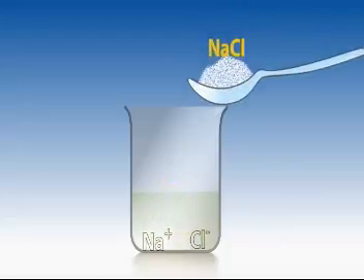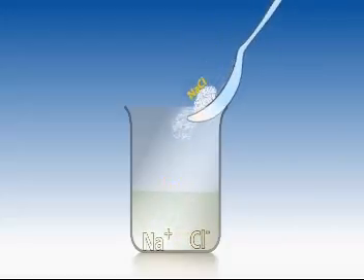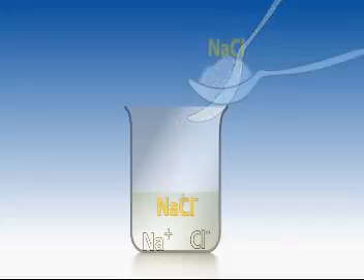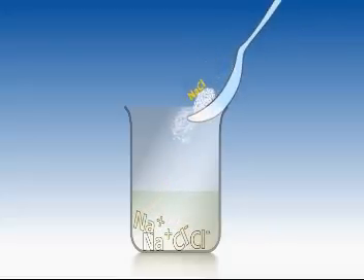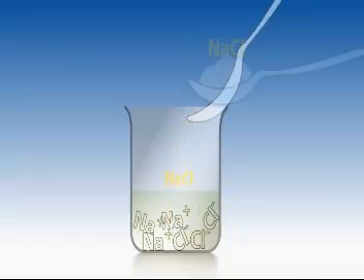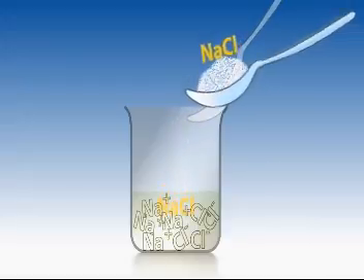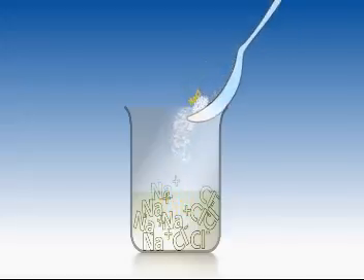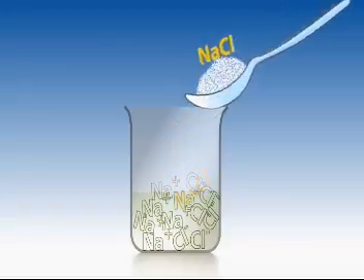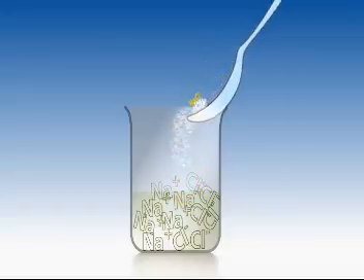Once the concentration of these ions becomes large enough, the reverse reaction starts to compete with the forward reaction. When this happens, a decreased amount of sodium and chlorine ions enter the solution.